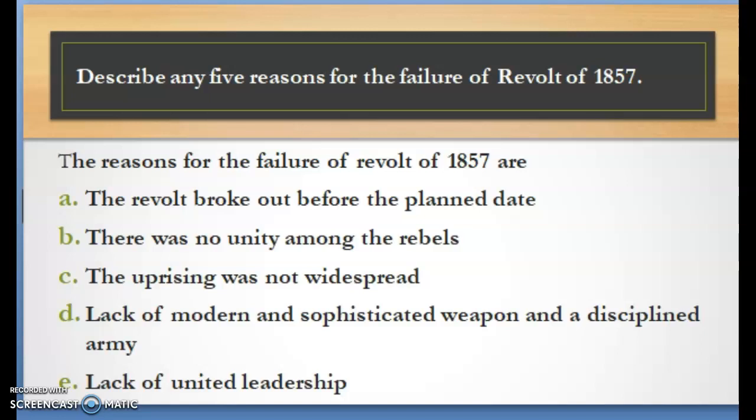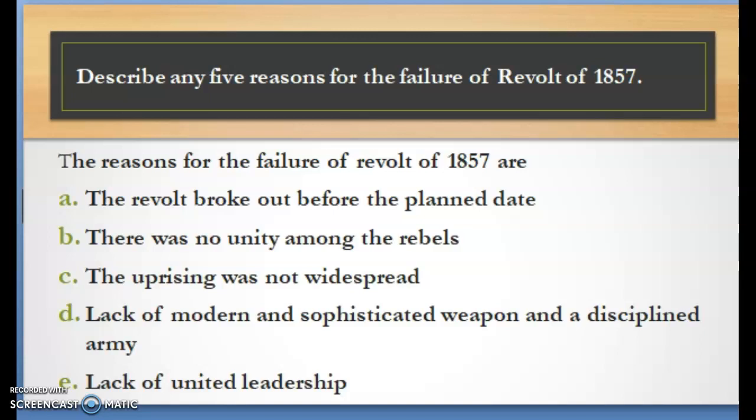The Nizam of Hyderabad and the Scindias were unaffected by the revolt. And the Gorkhas not only remained loyal to the Britishers, but also helped them crush this revolt. If the revolt had spread all over India, it would have been very easy for the Indians to throw the Britishers out of India.